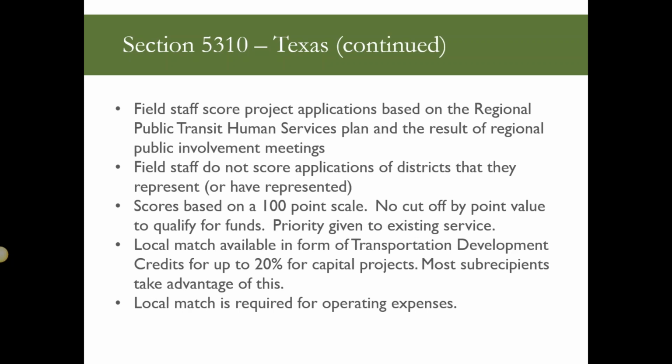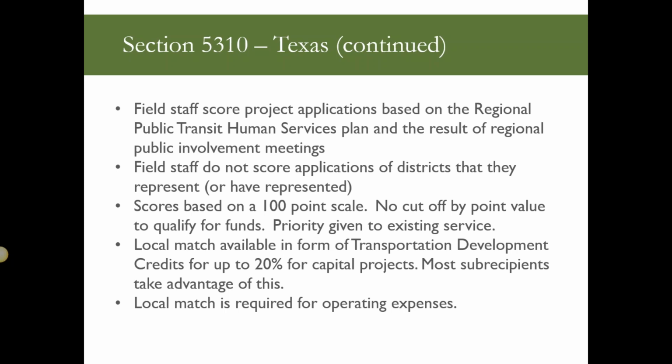So our scoring process this past cycle was the first time that we scored internally. We used to have stakeholders in the different districts score. That was difficult to convene stakeholders who had the right amount of knowledge but weren't also involved in one of the projects.